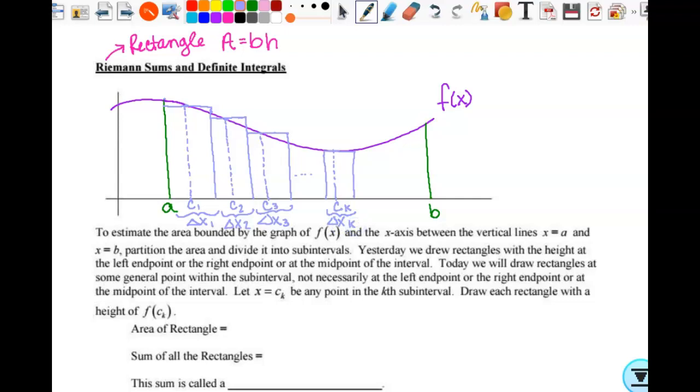That could be the 5th, the 6th, the 7th, whatever. Then we can keep going, a little ellipsis here, and then we're going to have another rectangle here, where this would be C sub n, because it's going to be the last one. It'd be how many total we have. And that interval is delta x sub n. That way we don't have a specific number of rectangles. This could be anything.